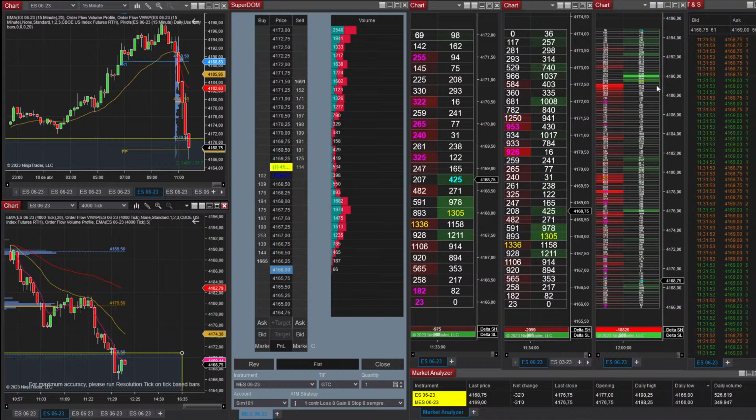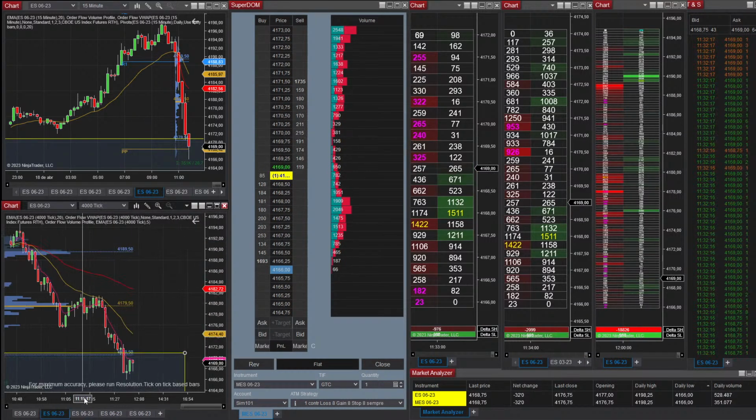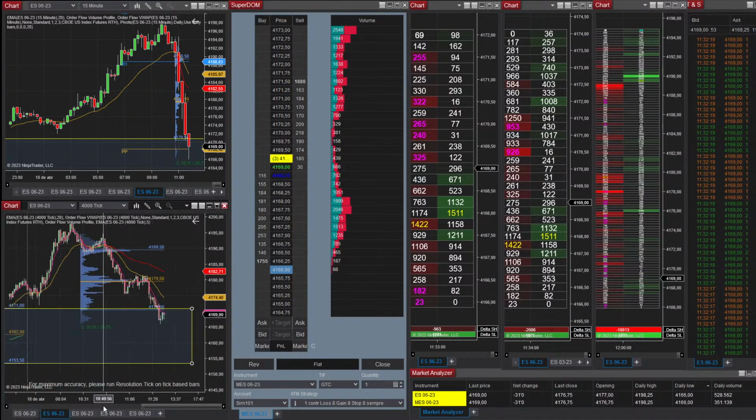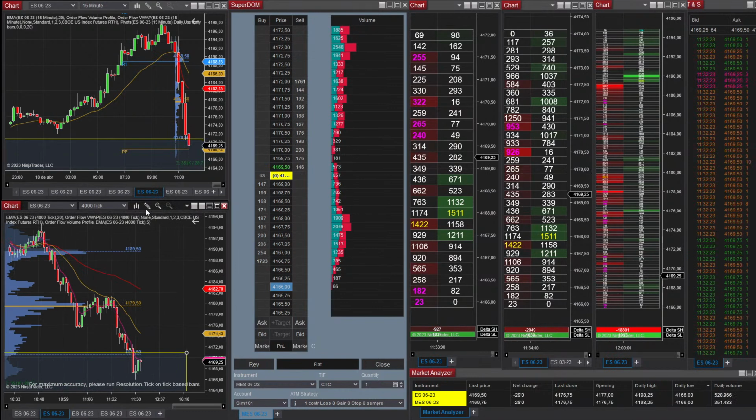So we are seeing sellers stopping the move at lower and lower levels. This is a clear signal of weakness, a bearish signal. But it's always possible to see pullbacks. Pullbacks are part of the business. So let's see.